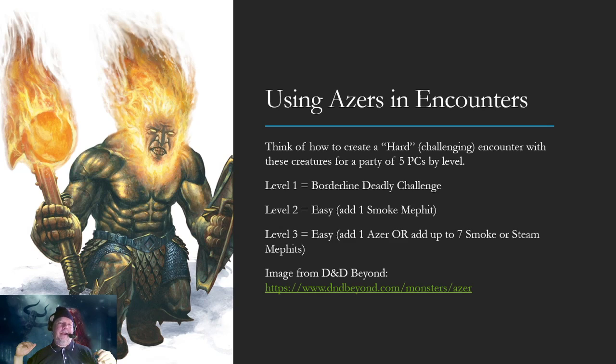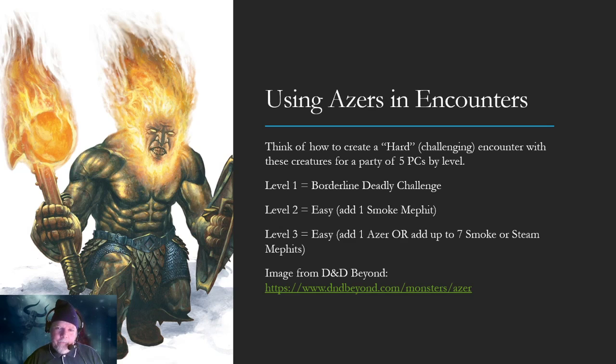And you can either use the tools in the DM guide to build the encounter, or you can go on the web to find something like Kobold Fight Club, which is a personal favorite of mine. And that will let you plug in the party level and the challenge rating of your monsters, and then you can build and see how many monsters you need to make it an easy, a medium, a hard, or a deadly encounter.